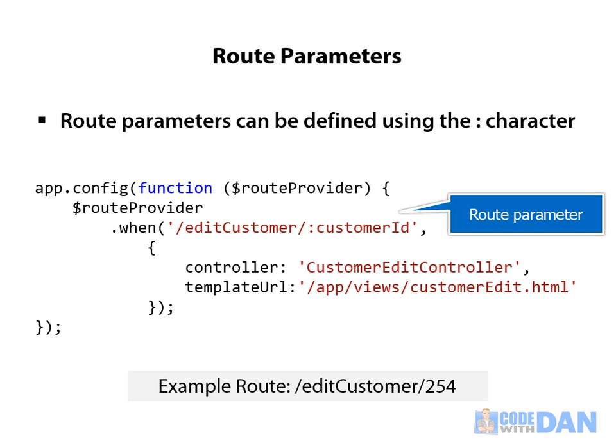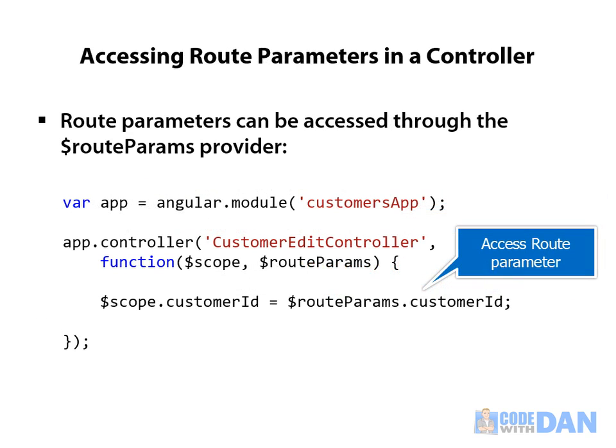When I first saw this, I said, okay, that's pretty cool. I could see why I would need that, but how do I actually get to that value, such as the 254 down here? Well, that can be done using a routeParams object. Now we're going to jump back to a controller, and let's say that we have this customer edit controller that I just showed on the last screen.